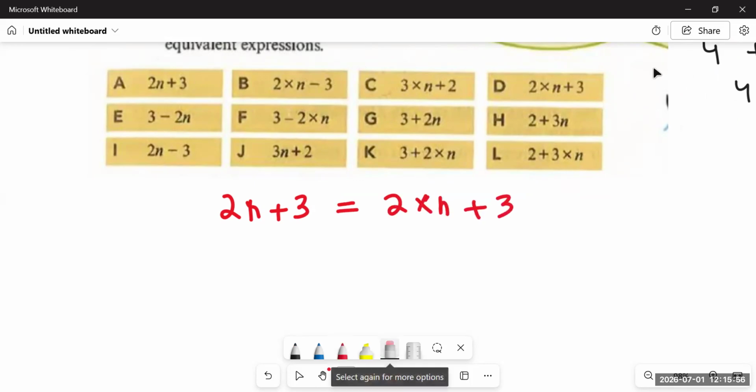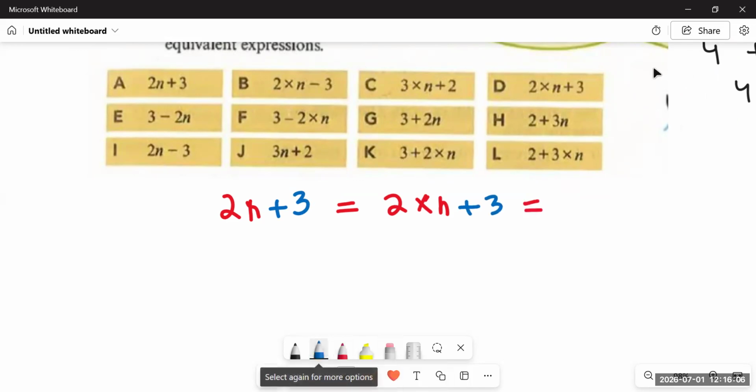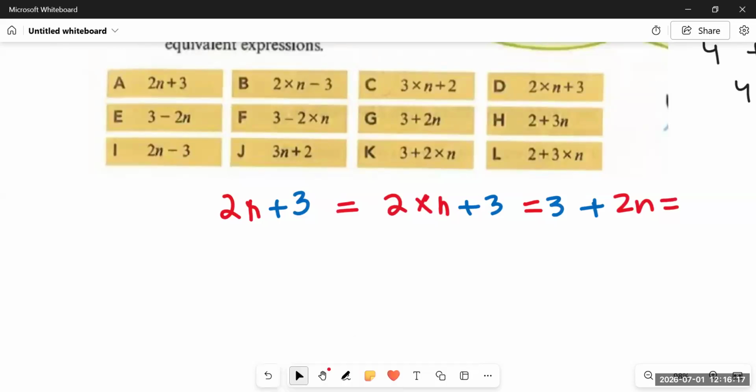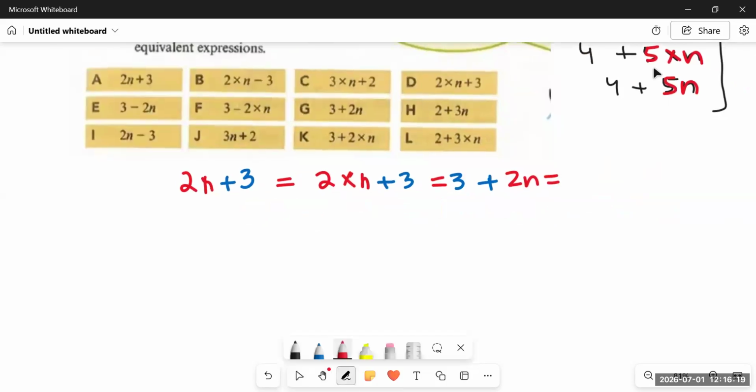Also, let me use two different pens so it will be easy for you. 2n plus 3 is equal to 2 multiplied by n plus 3. Also, we can write it as 3 plus 2n, or we can write it as 3 plus 2 multiplied by n. So we can write it in four different ways.